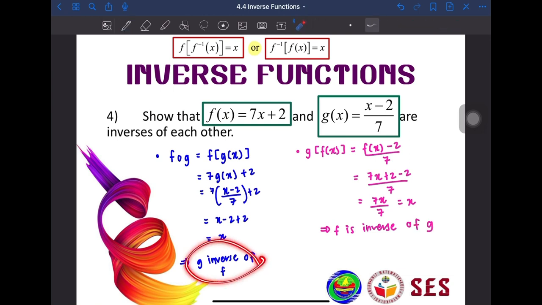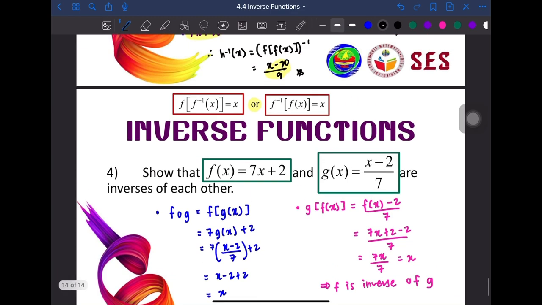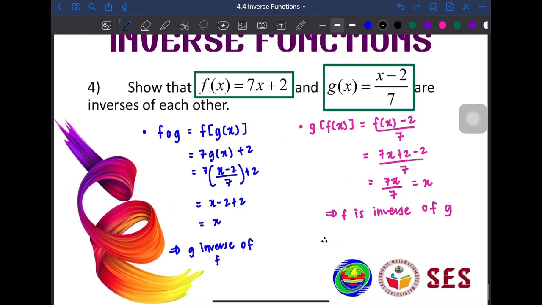So, G inverse of F. F is inverse of G. So, kita boleh conclude dekat sini. Since G fx sama dengan X and F Gx pun sama dengan X, G and F are inverse to each other.